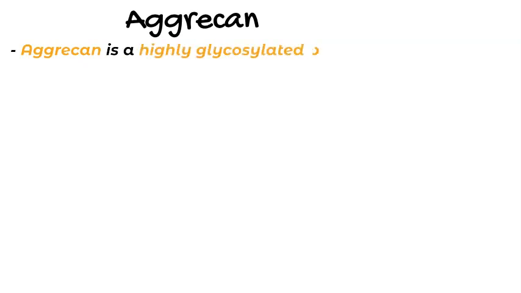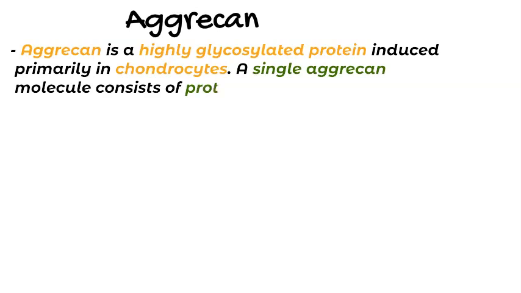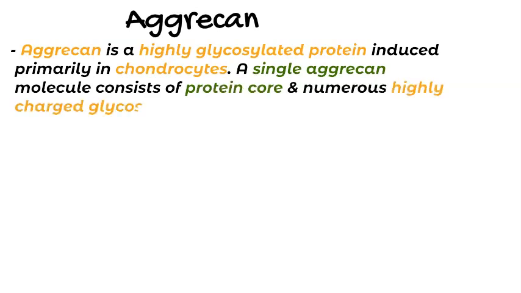Regarding aggrecan. Aggrecan is a highly glycosylated protein produced primarily by chondrocytes. A single aggrecan molecule consists of a protein core and numerous highly charged glycosaminoglycan (GAG) side chains.